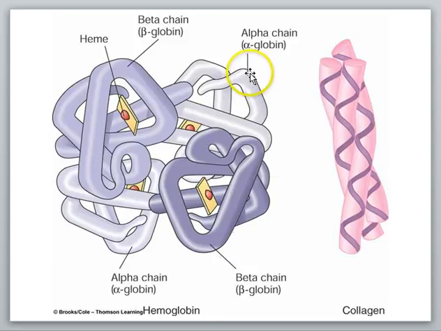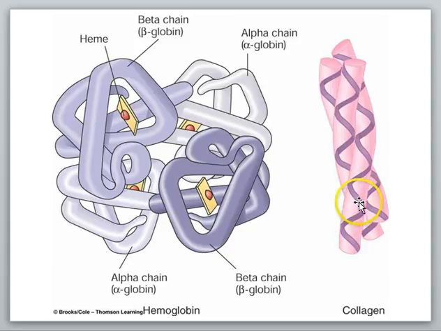So right here in this hemoglobin molecule, we've got 1, 2, 3, 4 different polypeptide chains that are associated with each other to form this hemoglobin protein. Here's collagen, a very tough material that kind of holds everything together in the body. And you have these polypeptide chains that are all intertwined here to form this collagen protein.